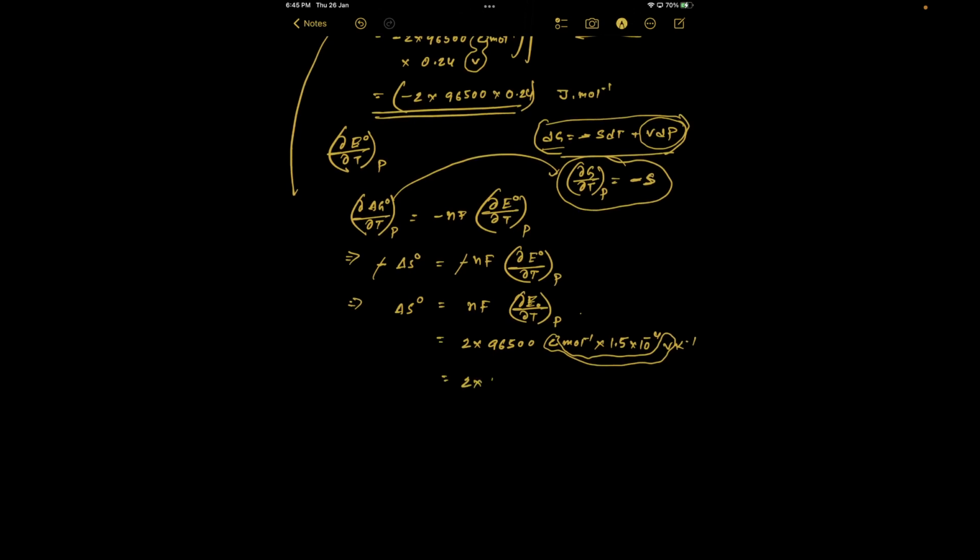So it is 2 times 96,500 times 1.5 times 10 to the power minus 4 joule mole inverse Kelvin inverse. Okay, now we have got the value of ΔG0 here and ΔS0, free energy change and entropy change.